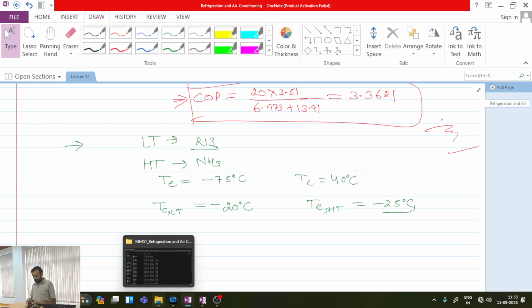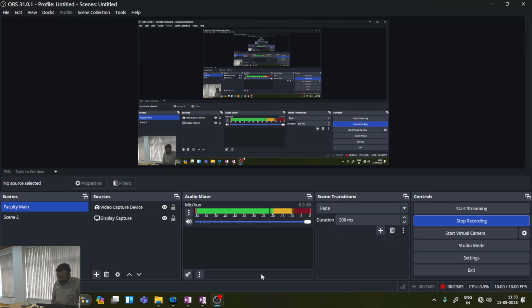If required, you can ask me doubts. Is this one clear? If you want me to draw the cycles, I can, but it's very simple. You have to draw the standard single stage saturation cycle. One cycle will be on the ammonia plot, the other cycle will be on which plot? Okay, so you can try this problem. Now we will have the quiz.